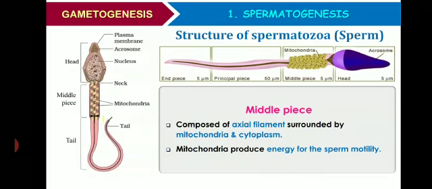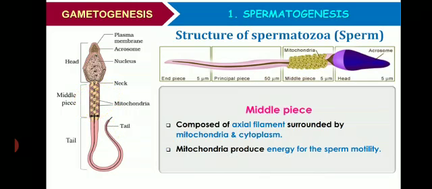This dark colored structure in the middle of the sperm cell, all along, is called axial filament. But in the middle piece region, circular coiled mitochondria are present around the axial filament. These mitochondria are in connection with the axial filament. Mitochondria produce energy that helps in rotation of the axial filament. That is how the sperm cell gets motility.